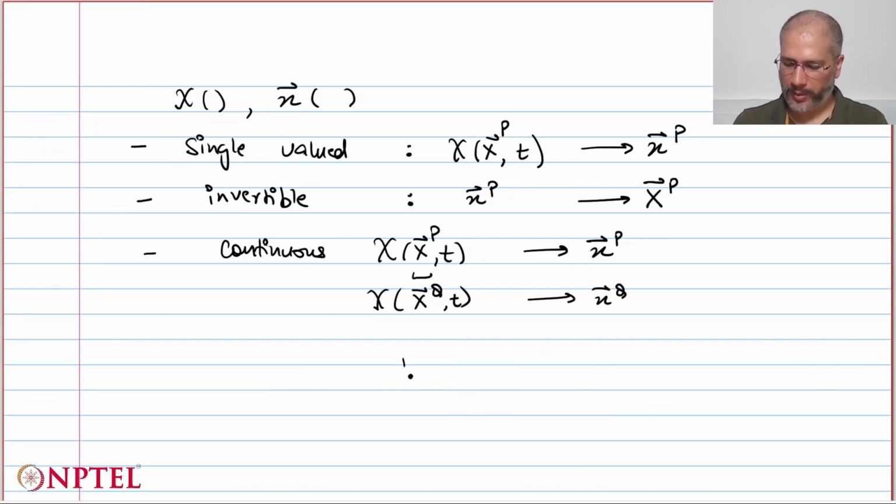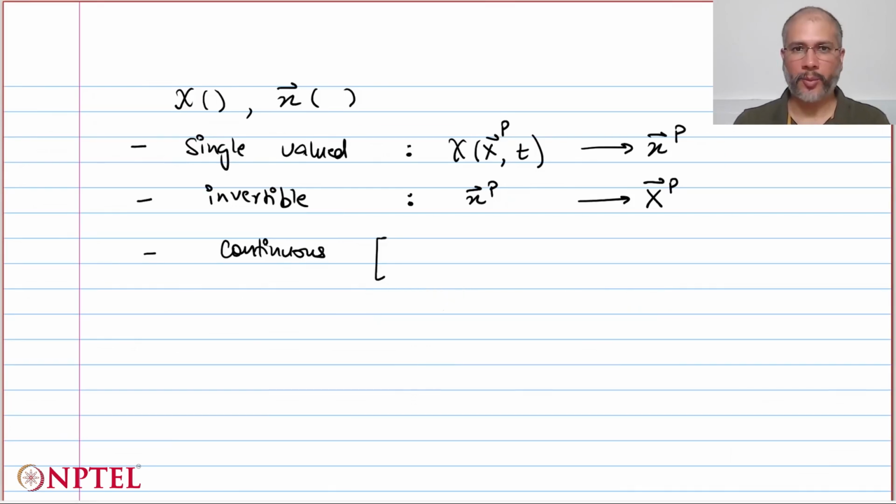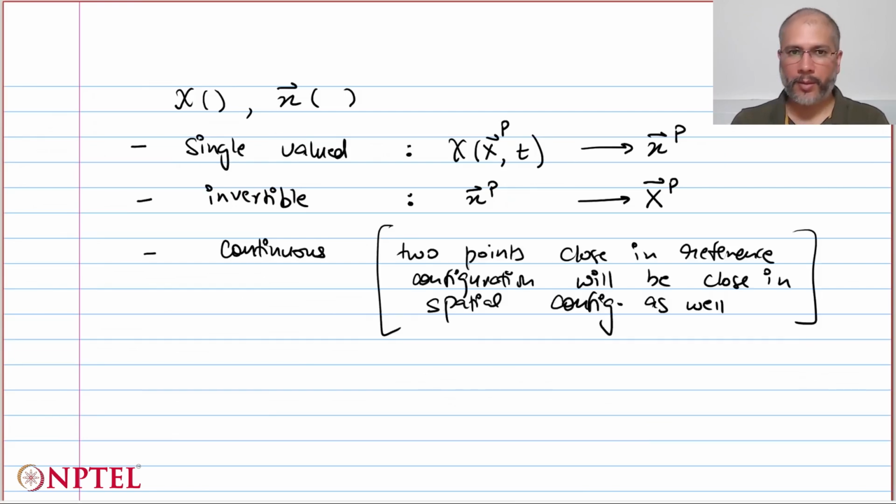Now, if P and Q were points close to each other in the reference configuration, then what this continuity idea means is that P prime and Q prime will also be close at later times. So this is the meaning of continuity of the function chi. In words, two points which are close in the reference configuration will also be close in the spatial configuration at later times.